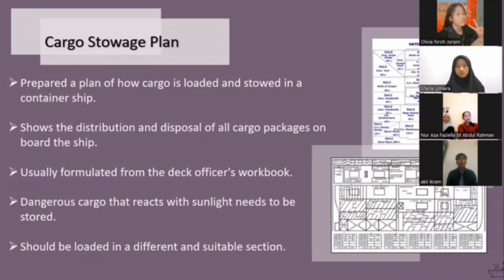So the first one is the cargo storage plan. The cargo storage plan is to prepare a plan of how cargo is loaded and stored in a container ship. It shows the distribution and disposal of all cargo packages on board the ship.